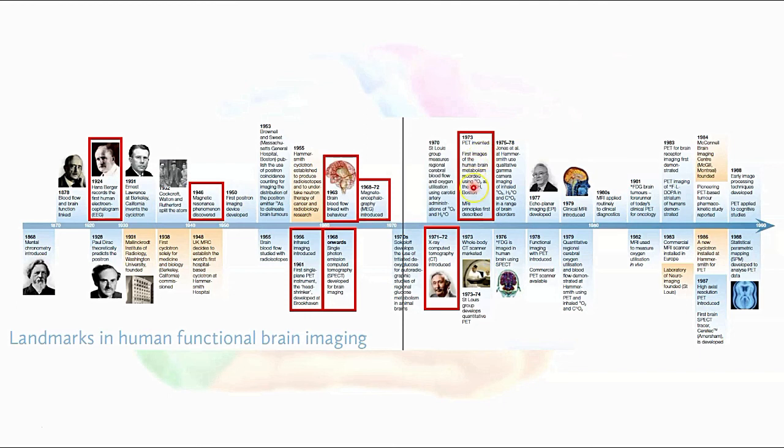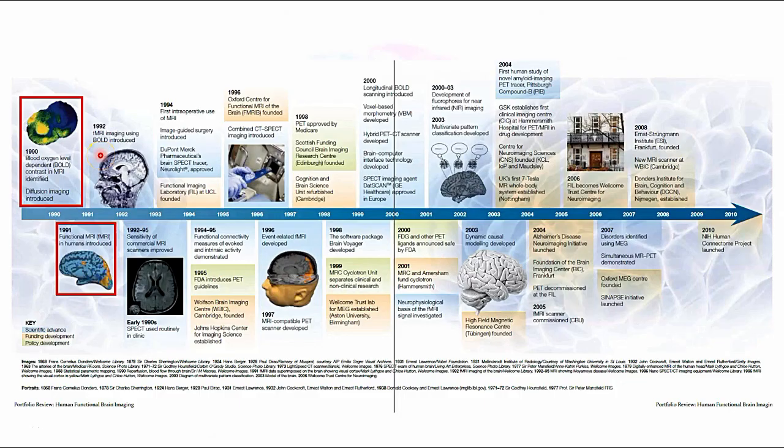CT and MRI were introduced and developed in the 1970s and 1980s. In the early 1990s, blood oxygen level dependent, or BOLD, contrast to map brain activity was discovered.